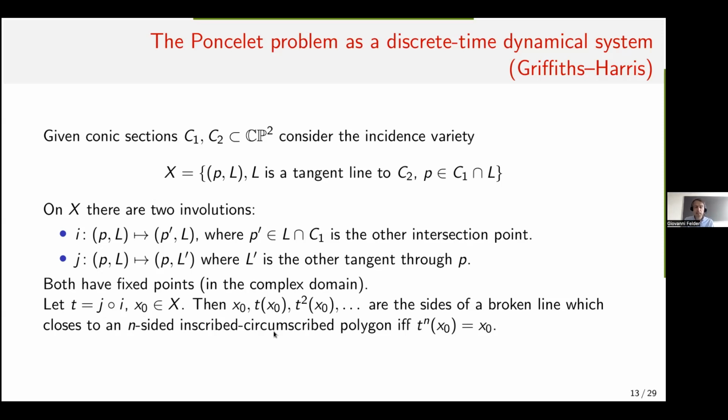If you start from a point on the outer circle, say x0, and then you do T of x0, T squared of x0, and so on, you get the sides of a broken line which closes to an n-sided inscribed-circumscribed polygon if and only if x0 is a fixed point for the nth iteration. So this is a way to formulate these things, to decompose the Poincaré map into two involutions.